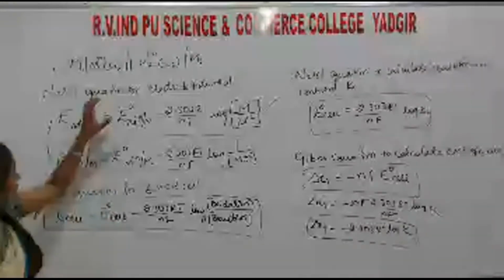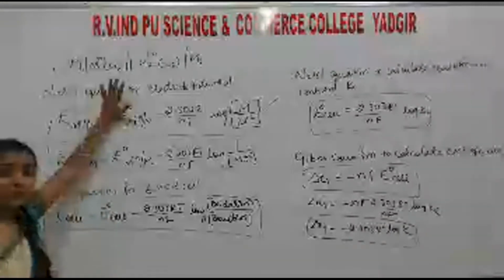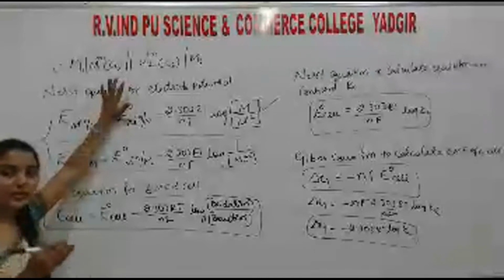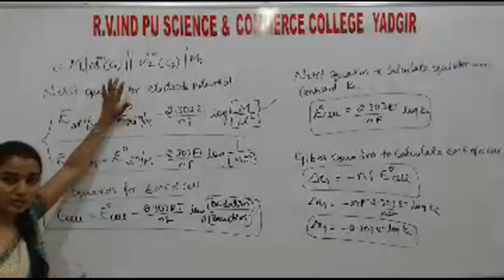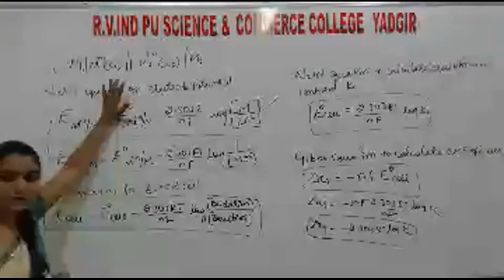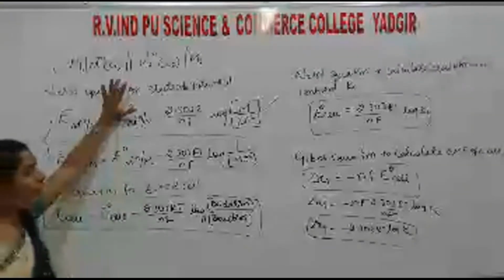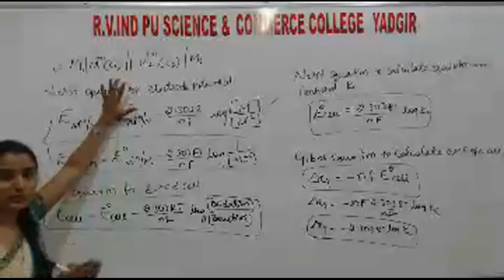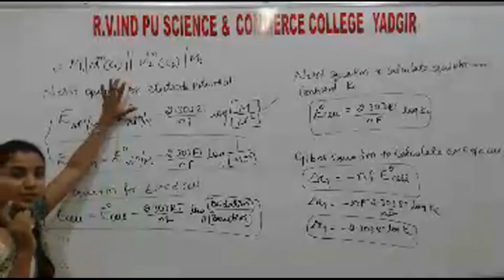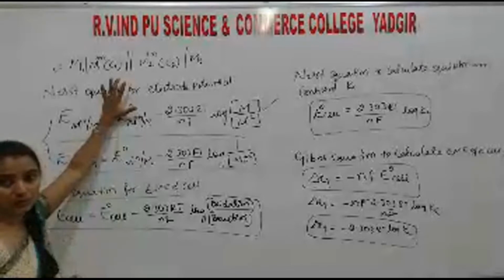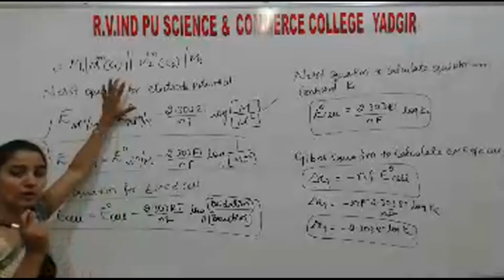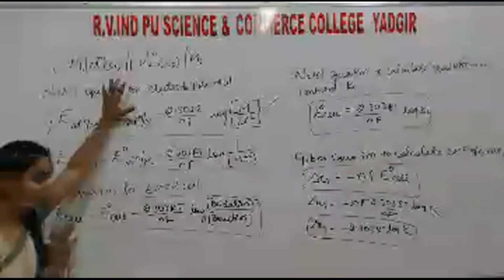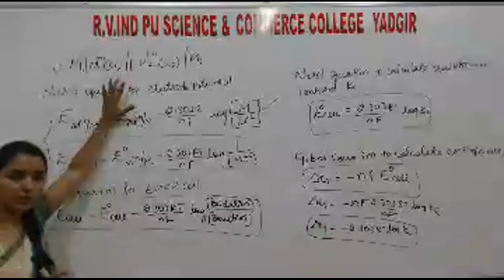So students, this is all about the last equation and the SHE, its construction and its cell representation, their electrode reaction, and how it is taken as a reference electrode to identify the EMF of the individual electrode. Not only zinc and copper, whatever it may be.